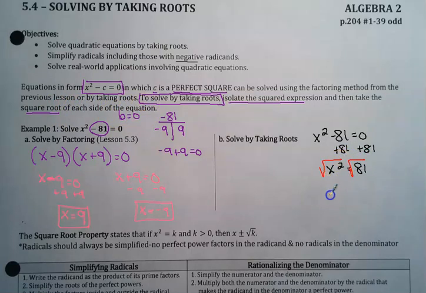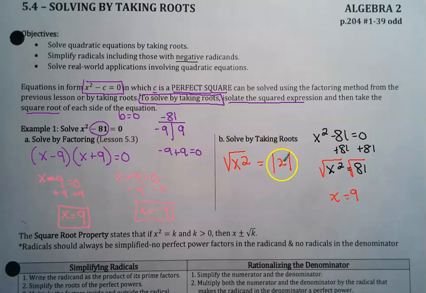So the square root of x squared is x. The square root of 81 is 9. Now, the thing here is, this is kind of what we usually say, but don't forget that the square root of x squared is equal to the absolute value of x. Okay, that's what we typically do. And we say, oh, okay, well, it's 9.